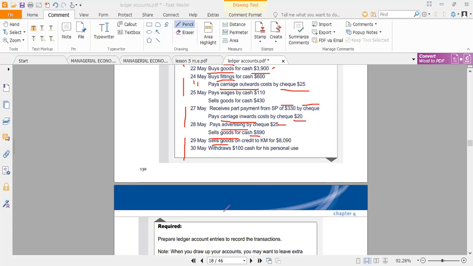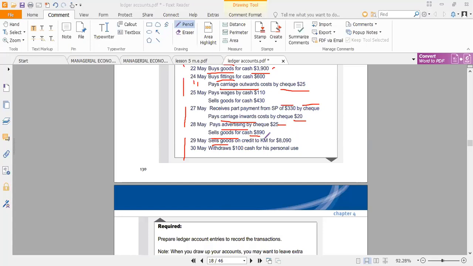Yes, the bank account will be credited and then the drawings account will be debited. No, first on 29, sales goods. Oh, 29. For 8,090, which two accounts are we dealing with? You debit the KM account and credit the sales account.